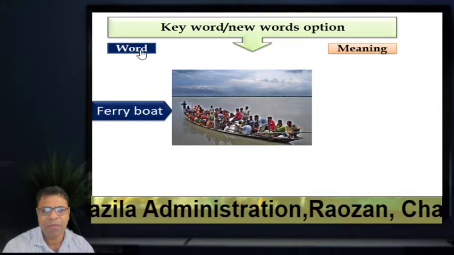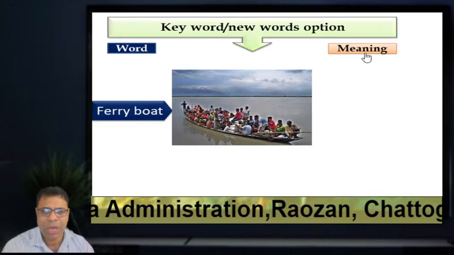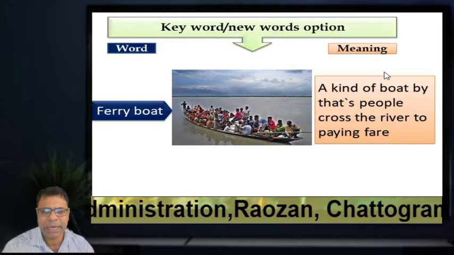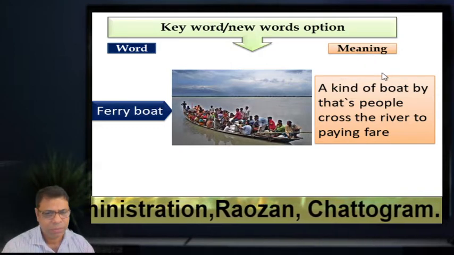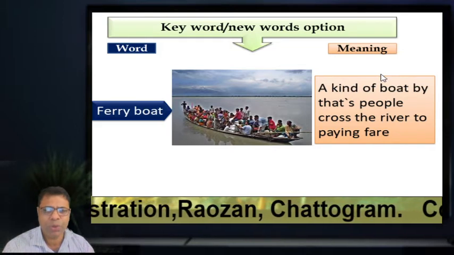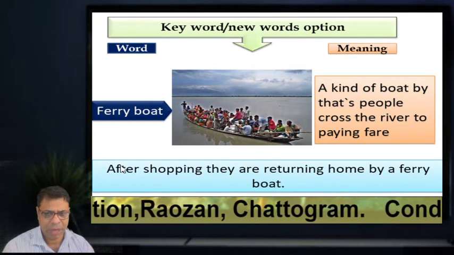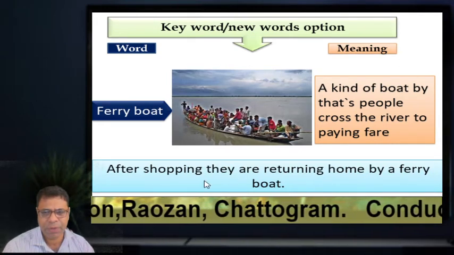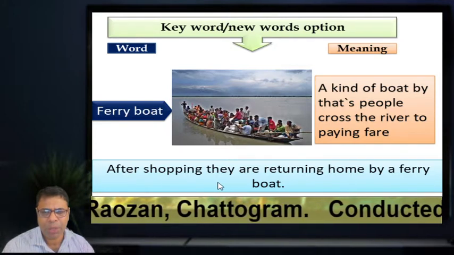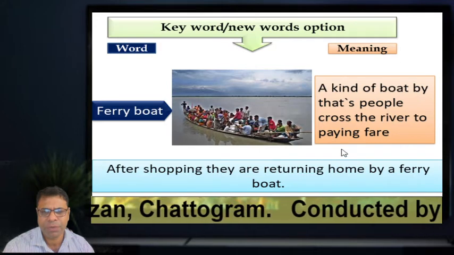This is called a ferry boat, a small wooden boat, and the meaning is a kind of boat by which people cross the river by paying a fare. And I have written a sentence for you with the words ferry boat. After shopping, they were returning home by a ferry boat.